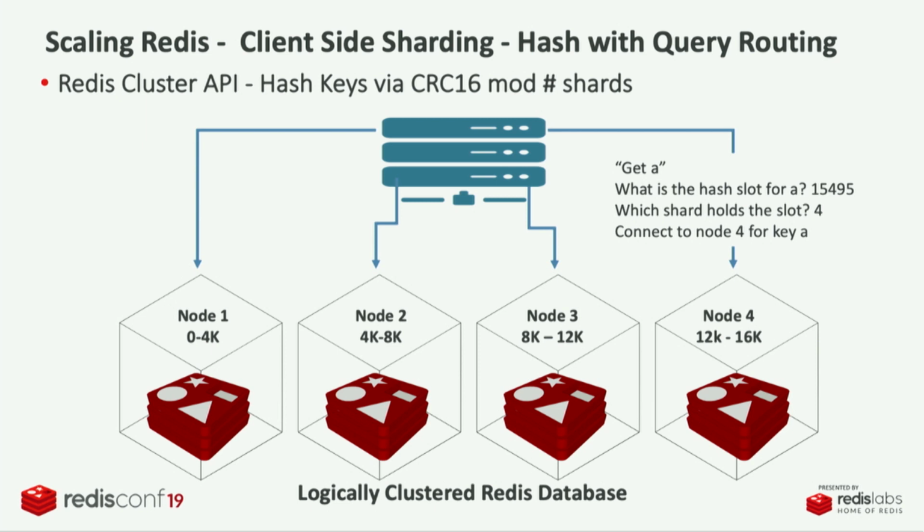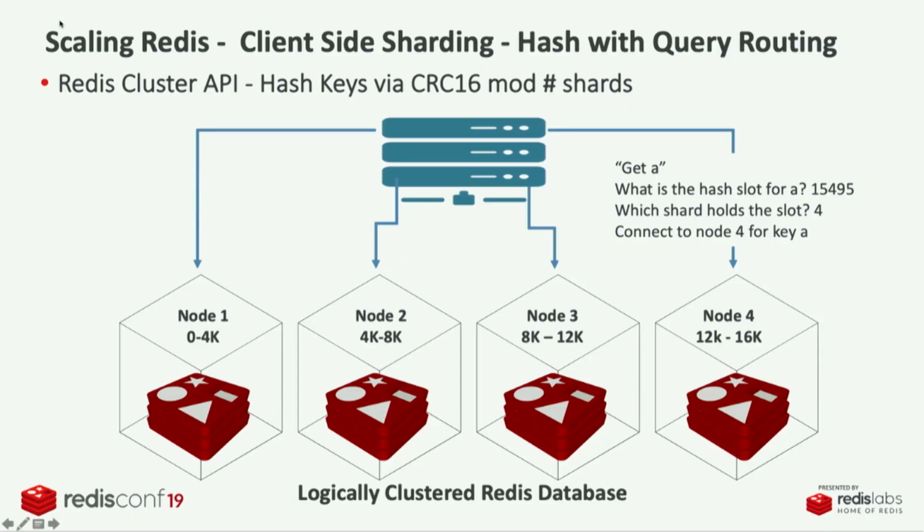And the concept is you take a key, you apply a CRC16, basically create 16,000 buckets, and assign the buckets with a mod of some number, so in this case mod 4, to determine which one of these nodes or shards own which buckets or which slots.